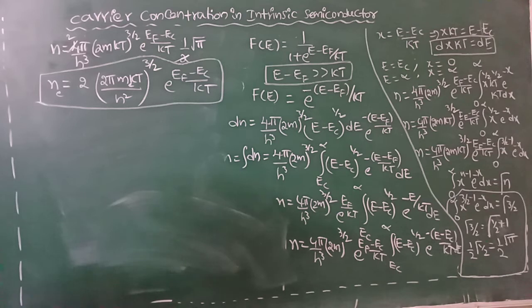Already we know that electrons are present in the conduction band and holes are present in the valence band.